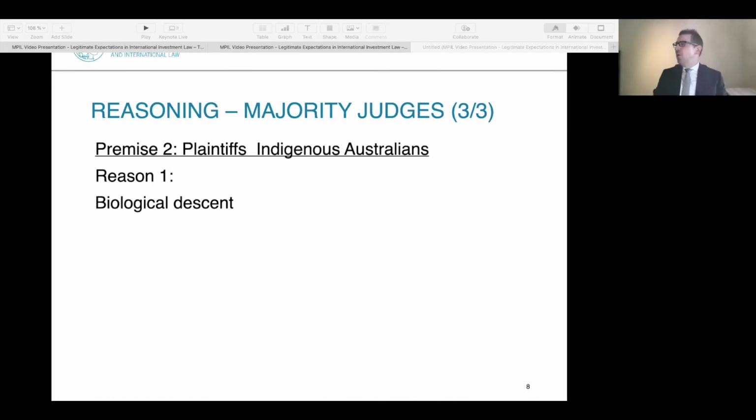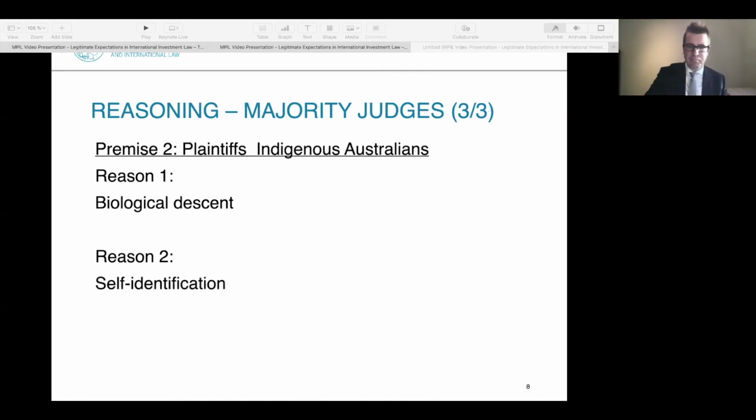In the case of Mr. Love, I think two or three of his great-grandparents were Indigenous Australians. Mr. Thoms, his great-great-great-grandmother was an Indigenous Australian. So on account of these factors, they were able to tick that box.